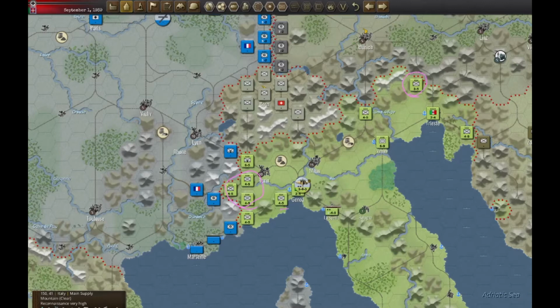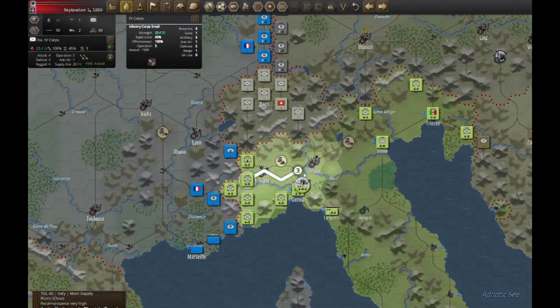Well, any unit that is on rail, for example, does not use the 1/3. These end up using the 1/3 oil. So one way of actually saving oil is to take these units and move them to a rail or a port.